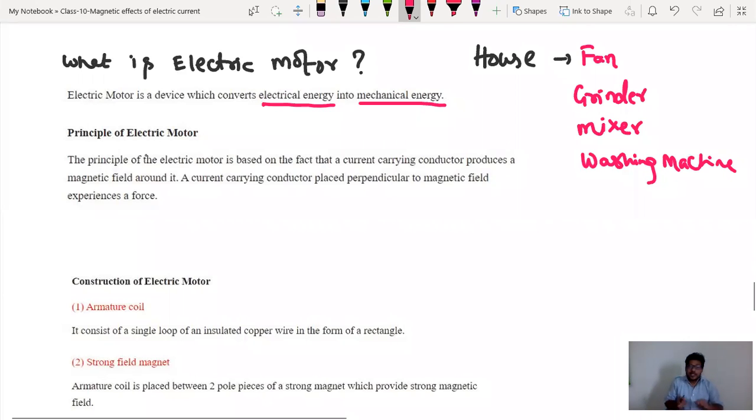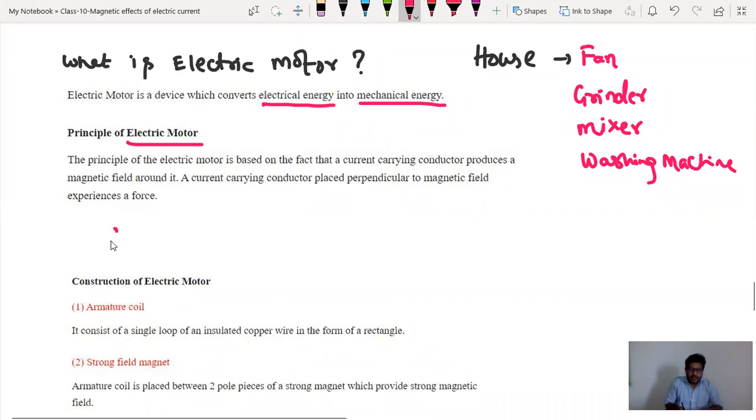Now guys, every device works with one principle. Now while coming to electric motor, what is the principle of electric motor? The principle of electric motor is based on the fact that a current carrying conductor produces a magnetic field around it. That's it, right?